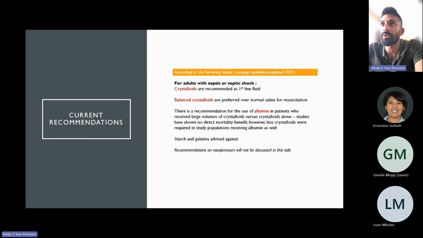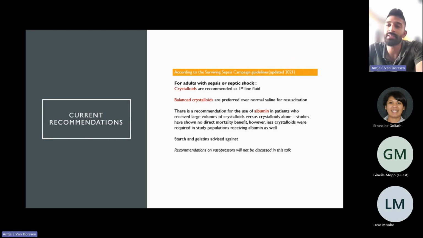Normal saline does have a role in a select few patients, which I won't elaborate on here. There's also been a recommendation for the use of albumin in patients who receive large volumes of crystalloids versus crystalloid therapy alone. Studies have shown that there was no direct mortality benefit when albumin was used. However, fewer crystalloids were required in study populations that received albumin as well.